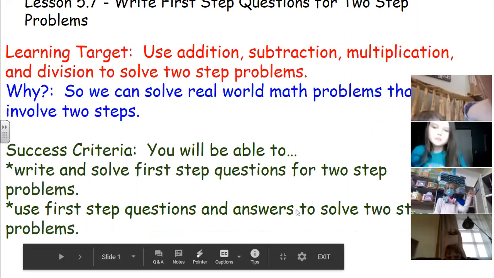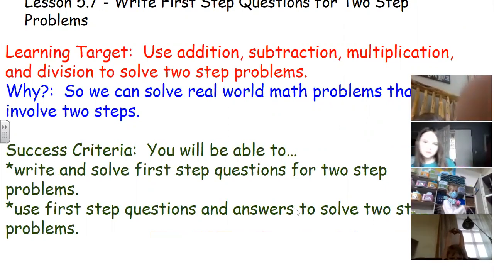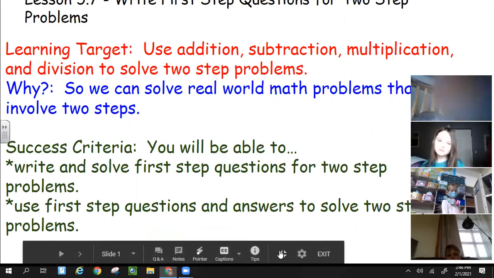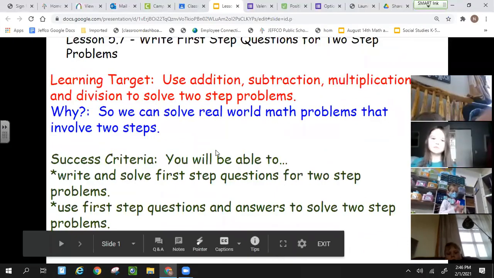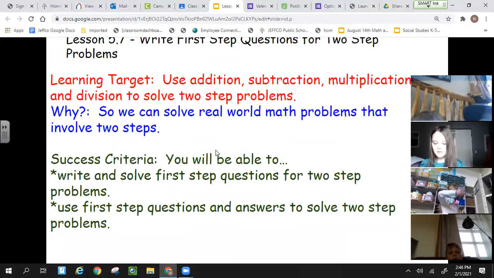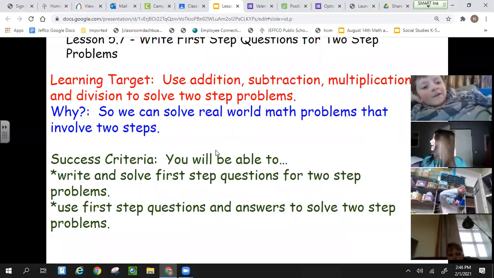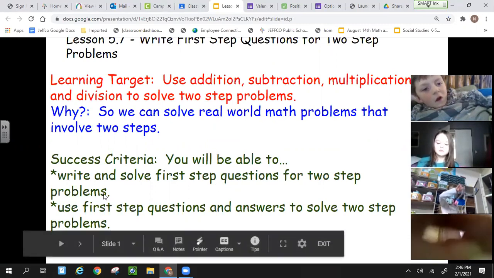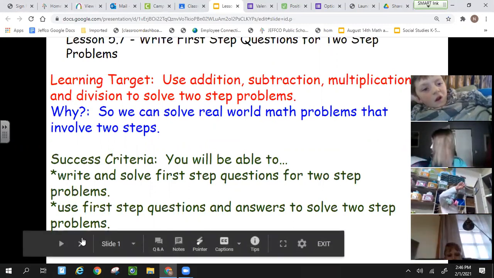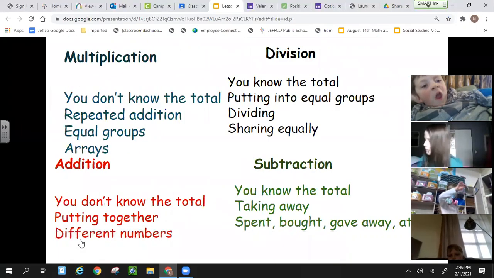So we're going to use addition, subtraction, multiplication, and division to solve two-step word problems. And that's because most of our problems in real life don't just involve one easy step, right? They're complicated. You're going to write and solve first step questions for two-step problems, and then we're going to answer them. This is nothing new to us.